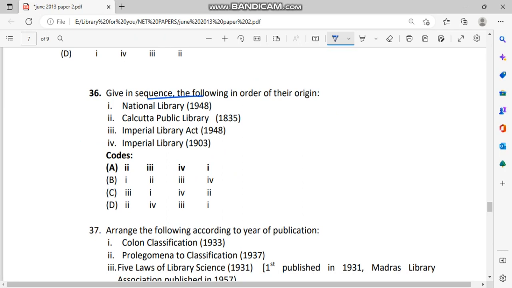Give the sequence of the following in order of their originality. First Calcutta Public Library, then Imperial Library, then Imperial Library Act and the National Library.